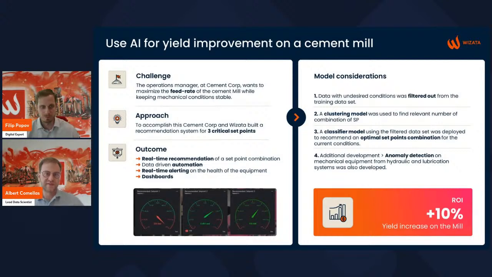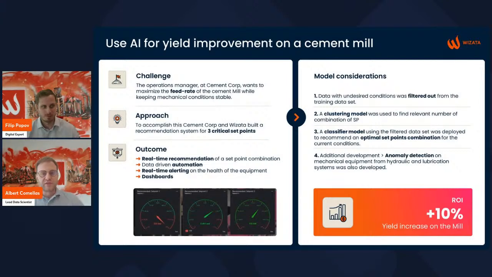And once we have identified these relevant combinations of set points, we train another model to identify in real time, depending on the context we are in, which set point combination right now will make possible having a high yield while keeping the conditions stable.